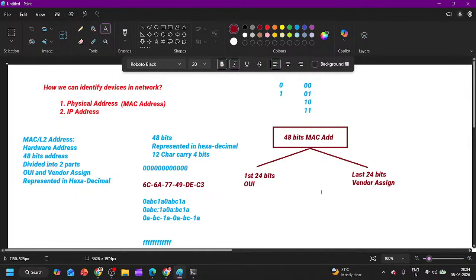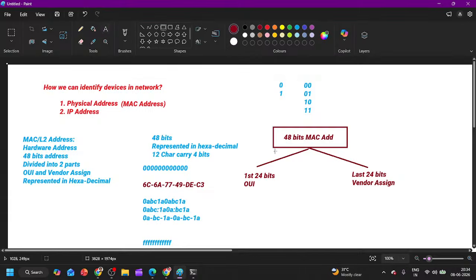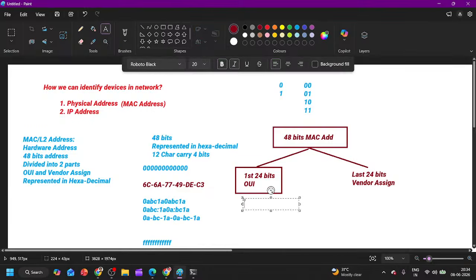For example, who issues the OUI? An organization like IANA. How many of you know about IANA? No one? It is an authority which assigns IP addresses to companies, globally. Correct.